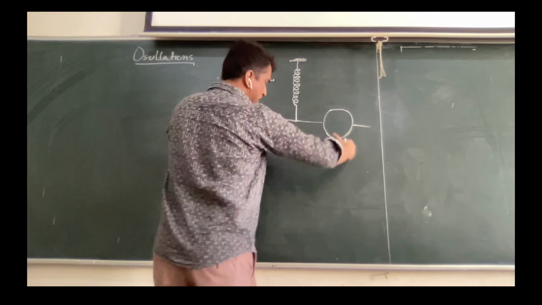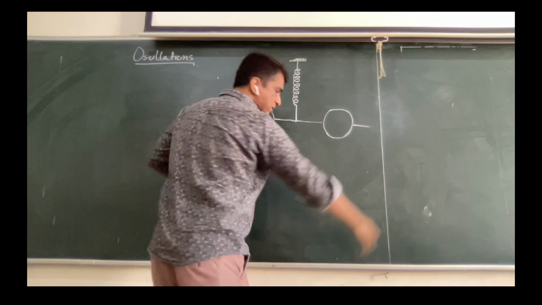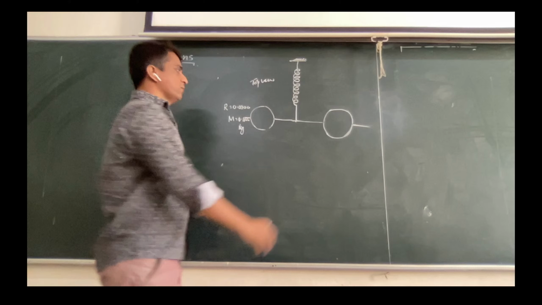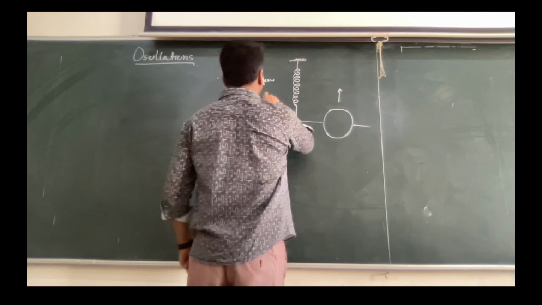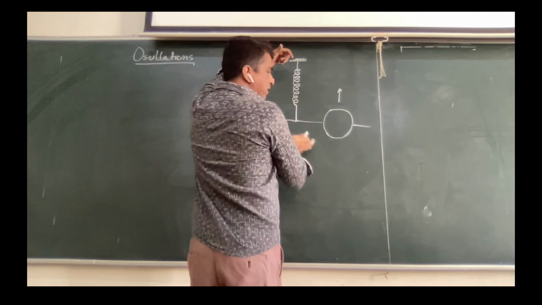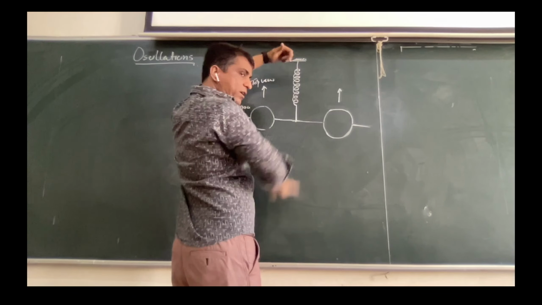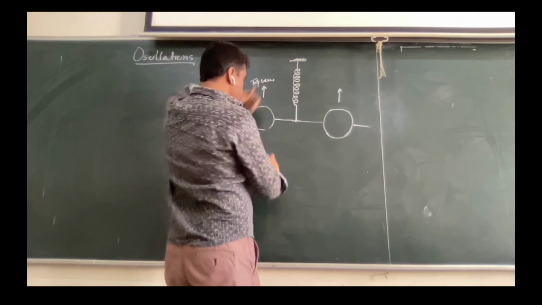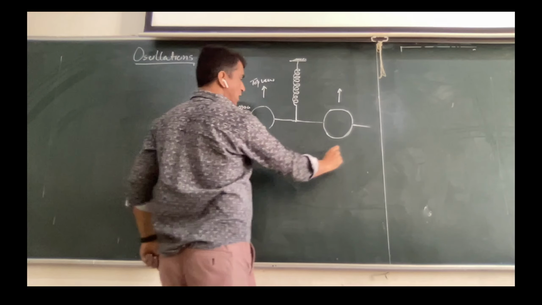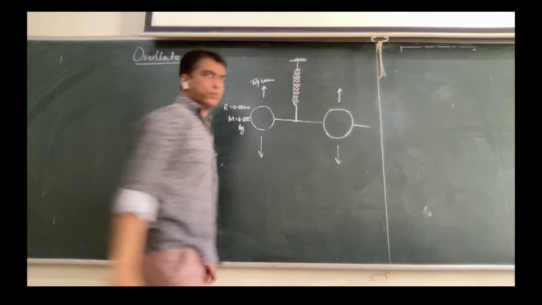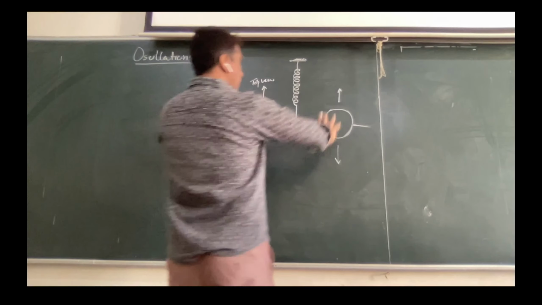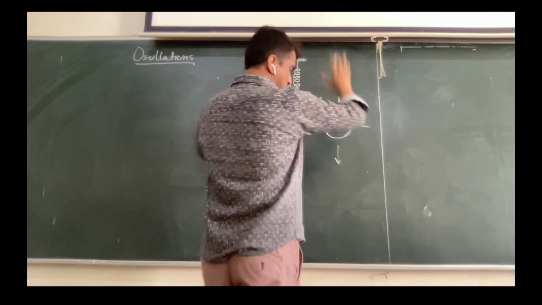You pull it slightly down and release it. It will start moving up as the spring compresses. And then as the spring pushes out, it starts moving out. So it keeps moving up and down, starts vibrating.